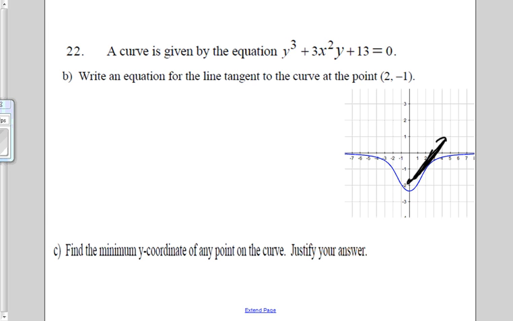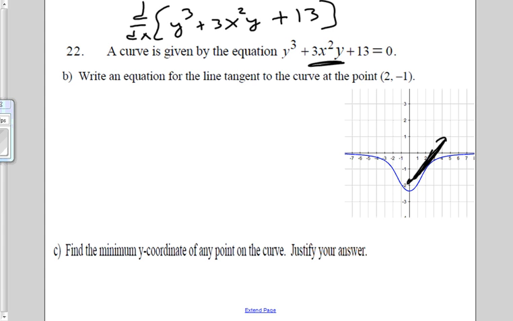So to find the equation for that tangent line, we have to take implicit differentiation. So let's take the derivative of the left-hand side, and we're going to need to use the product rule in there. And the derivative of 0, well, we know that's going to be 0.